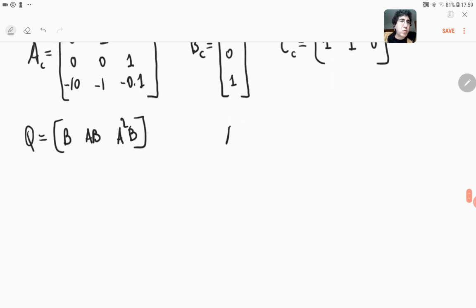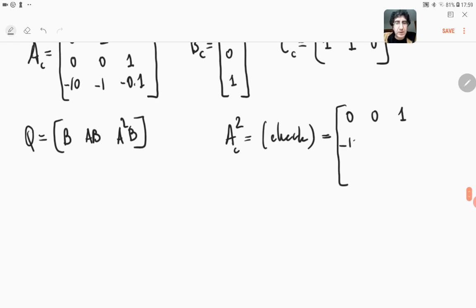If you calculate A_C squared, the product of A with itself, please check this by calculating the matrix multiplication, you will get this particular matrix: minus 10, minus 1, minus 0.1, and 1, minus 9.9, and minus 0.99 will be the coefficients.